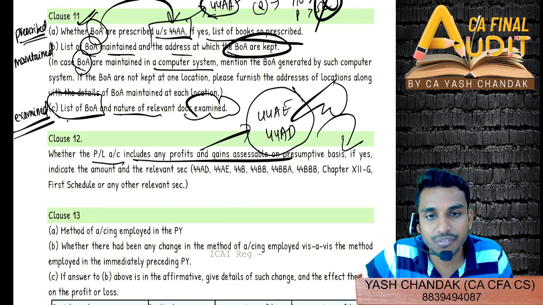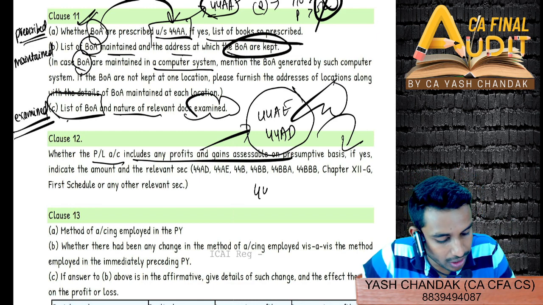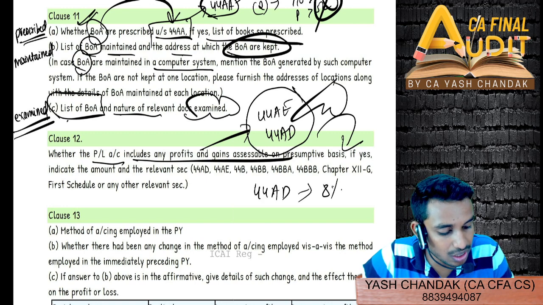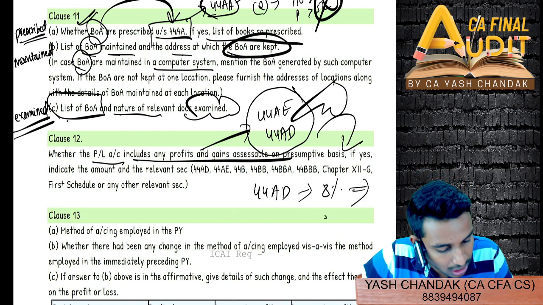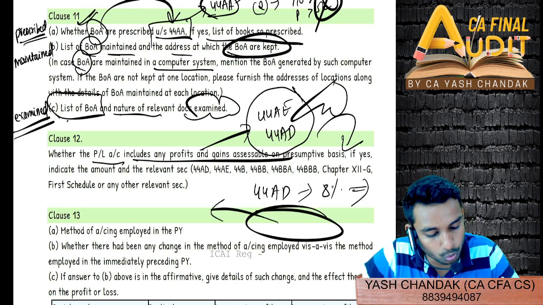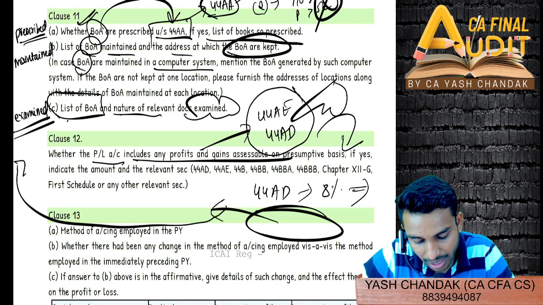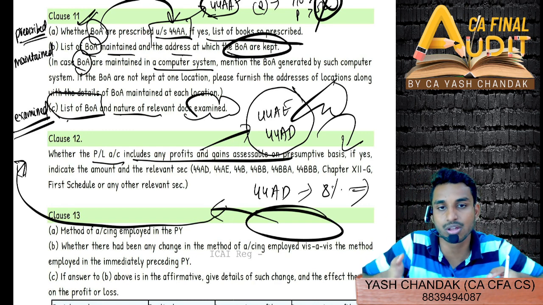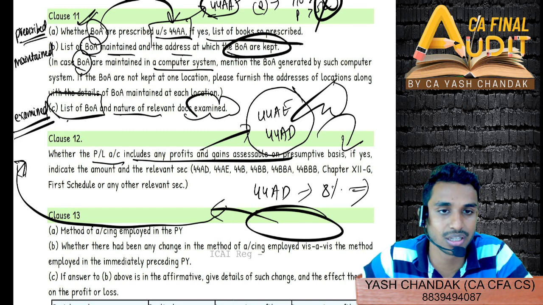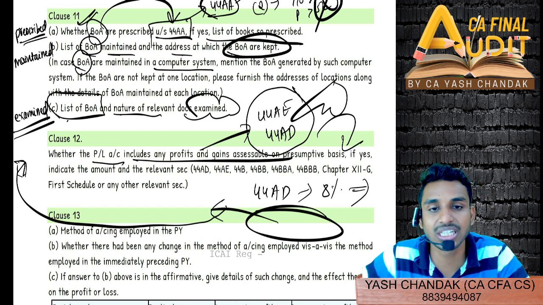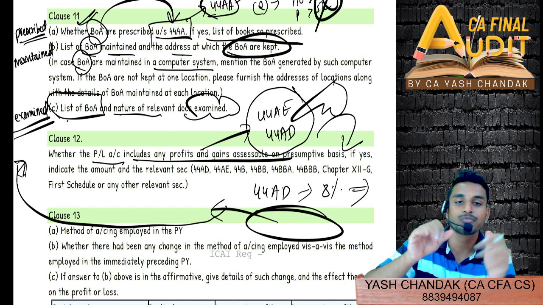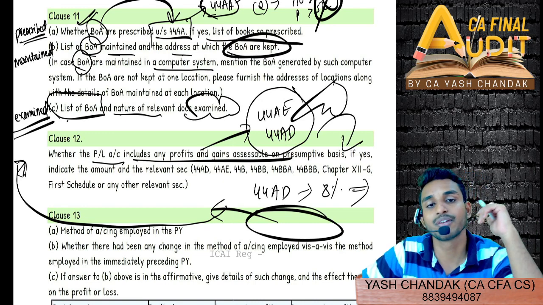Why? If not, then under 44AD at 8% you would simply disclose expenses, and all the expenses you are paying from your bank account you could take under audit as an audit expense of this business. So you have to specifically mention all the profits and losses which have been directly coming from the presumptive business.